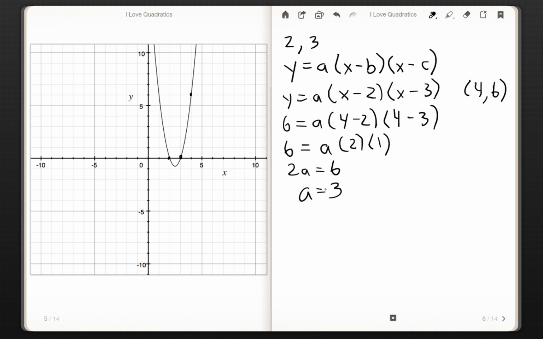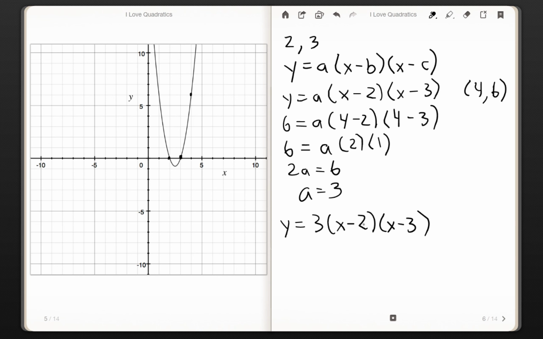So now that we know what a is equal to, we can put that back into this equation here. Remember, we want to be left with x and y just left as variables, so that way we could substitute points into the equation. And we're left with y equals 3 times the root terms, x minus 2, x minus 3.